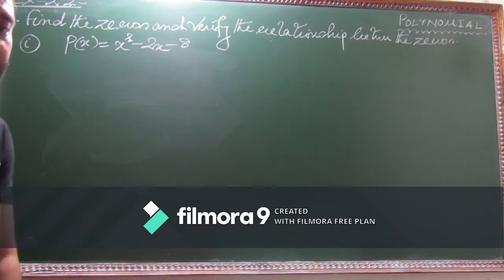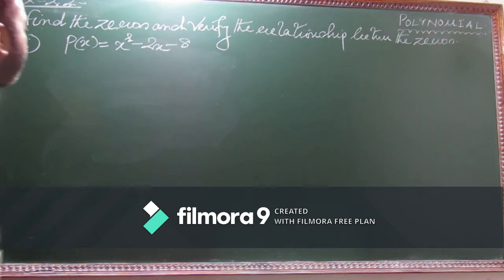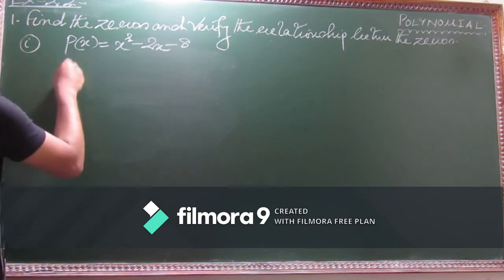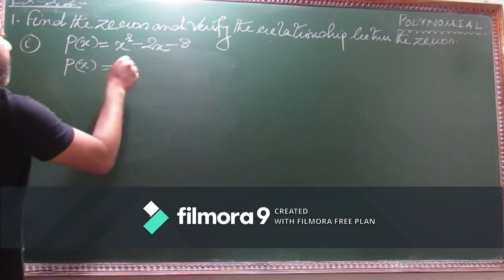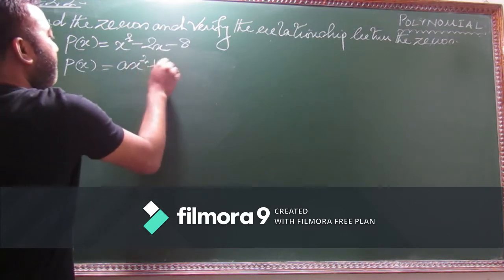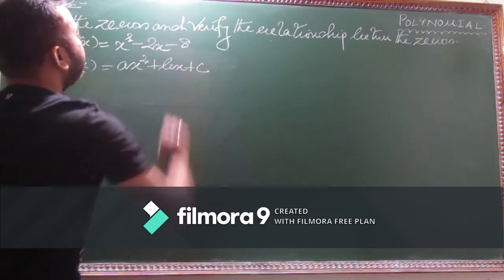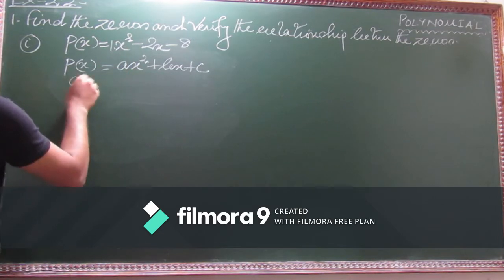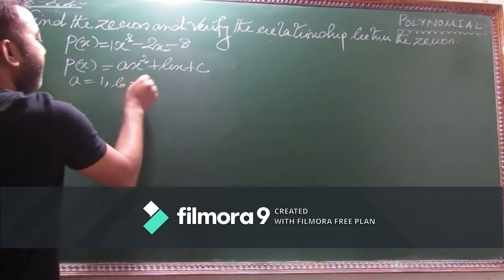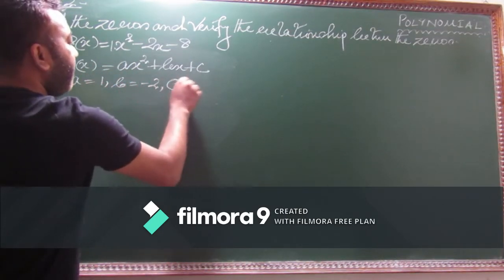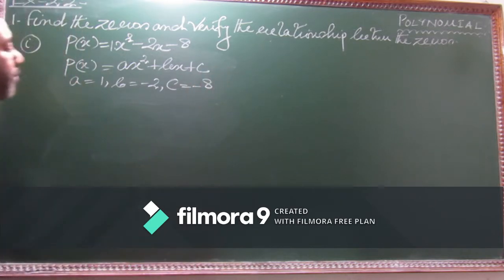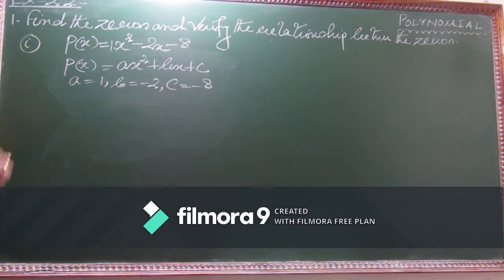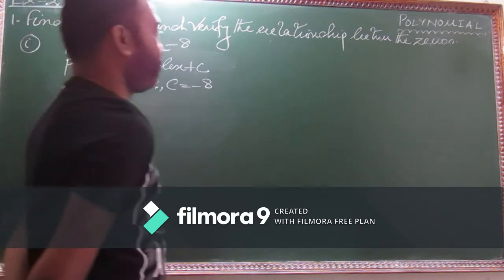Let me compare it with the general form p(x) is equal to ax square plus bx plus c. Nothing is written before x square, so it means 1. So a is equal to 1, b is equal to minus 2 and c is equal to minus 8. Is it? Yes. Now I am going to find its zeros first.